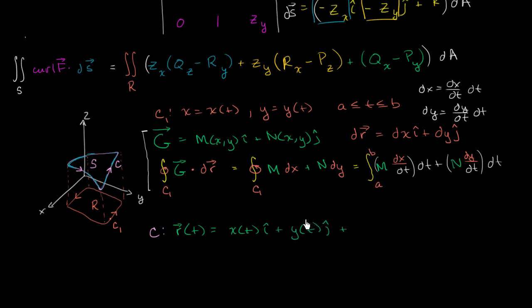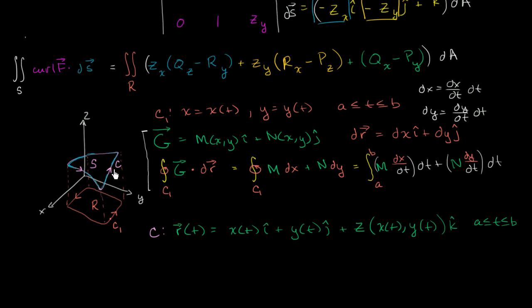And now we're going to have a z component. And z is going to be a function of x and y, which are in turn functions of t. So z is a function of x, which is a function of t, and a function of y, which is a function of t, k. That tells us how high above to essentially get each of those points. And once again, we know that t is greater than or equal to a and less than or equal to b. So we have that parameterization right there.